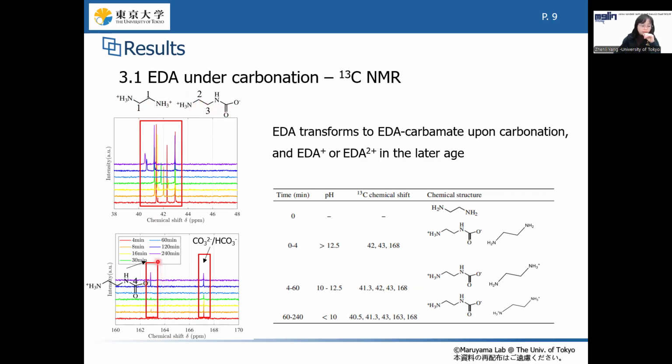The peak here is from the EDA carbonate itself, and the peak here is from the carbonate or bicarbonate. We conclude the structure change of EDA with carbonation in this table. At the first moment until 4 minutes, the EDA has transformed to EDA carbonate, while in the later age, the carbonate exists with the EDA1+ or EDA2+.